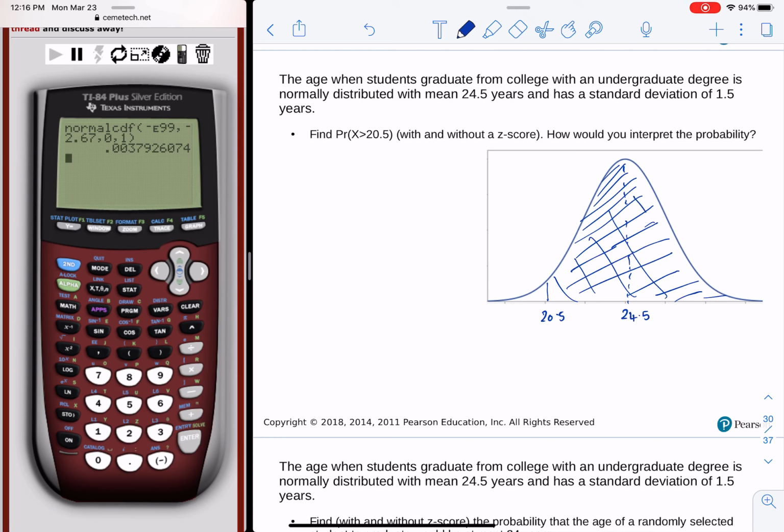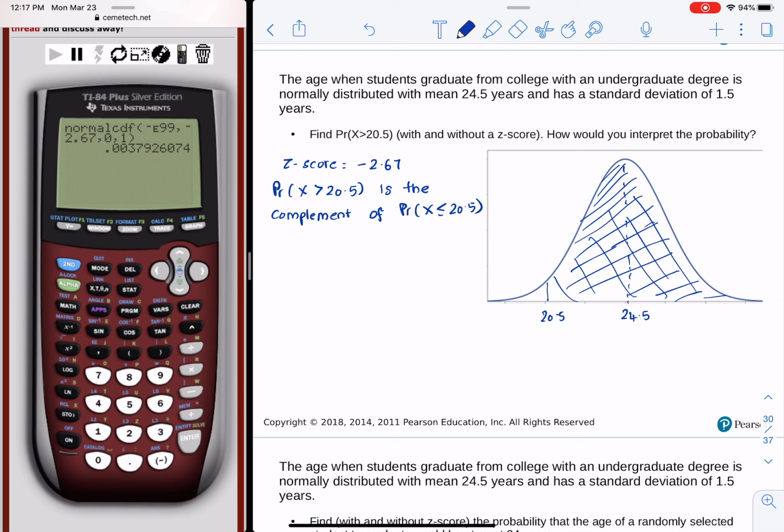And there are a couple of ways to do this. So we already know the z-score is negative 2.67. But before we even use normal CDF, we have to understand that probability of x greater than 20.5 is the complement of probability x less than or equal to 20.5.